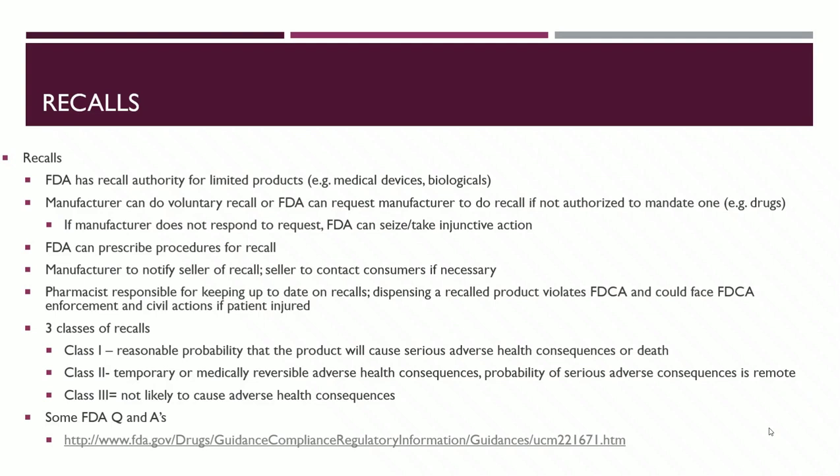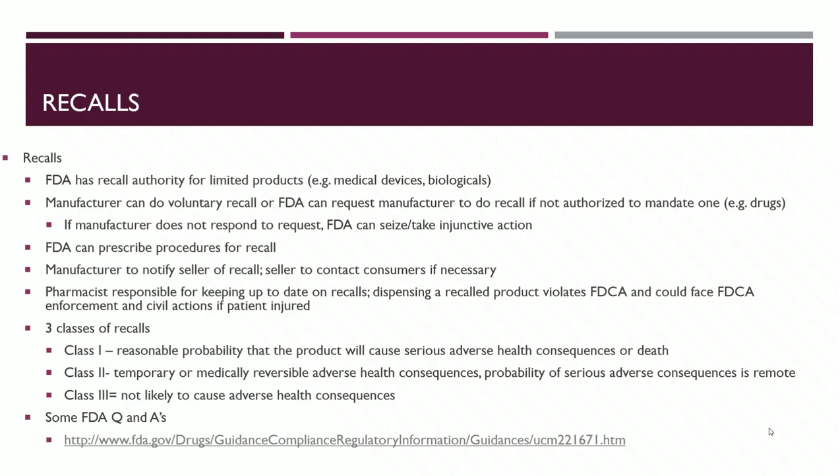So if the manufacturer would not respond to a request, let's just say hypothetically, that's where the FDA could seize the product or take injunctive action, like I said, through the courts on the prior slide. Now, the FDA can prescribe the procedures for the recall. So if the manufacturer's like, okay, we have to do a recall, the FDA can say, okay, this is the best way to do this.